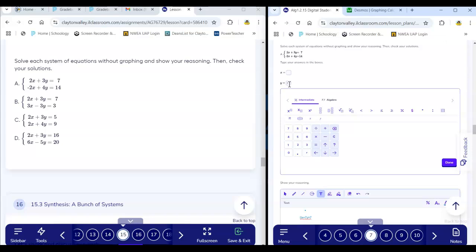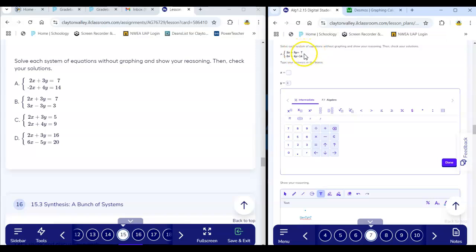Now that I know that y equals 1, I can just go straight back into one of my original 2 equations and drop that 1 in for y. So you can see I've got 3, this is just going to equal 3, right? 3 times 1 is 3. So in order to get x by itself, what do I have to do? I've got to subtract 3 from both sides.